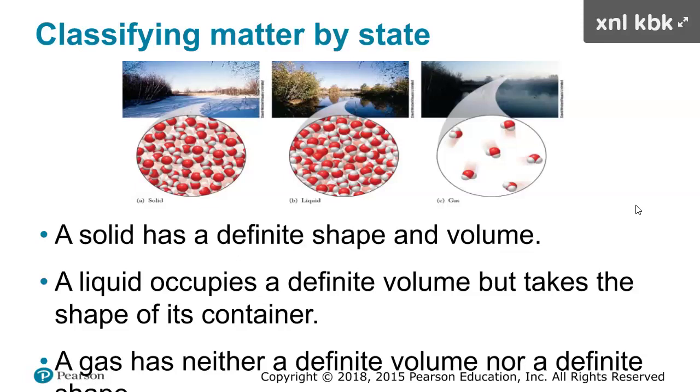You pour it from a glass into a mug, it takes on the shape of the mug. Liquids change shapes. But the amount of milk, the amount of juice that we put into each one of those containers, that doesn't change at all. The only thing that might change is if you put too much liquid into a glass and it overflows, but that's a completely different concept.